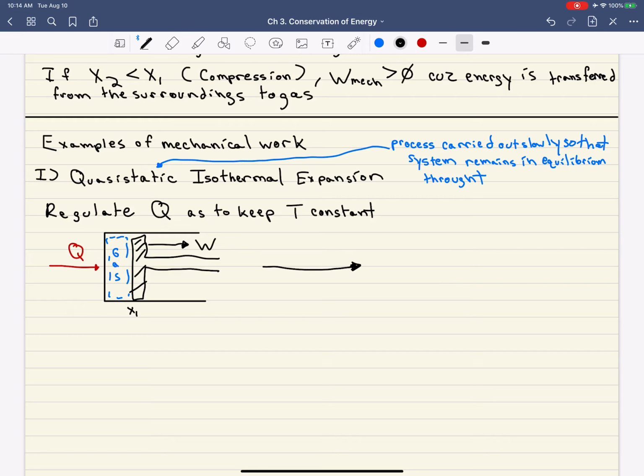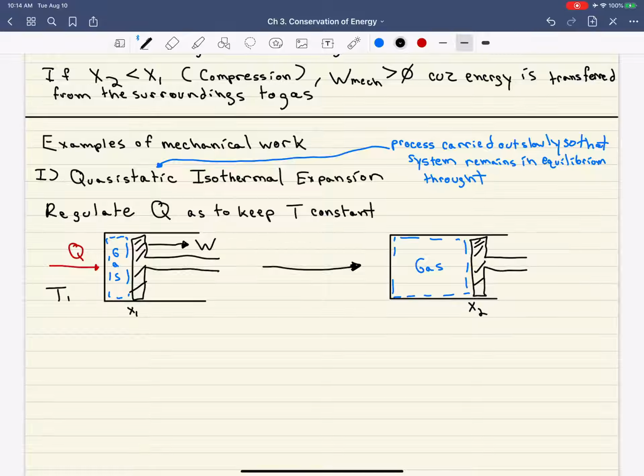And so in the end, our gas has now expanded to a new x value. But if we compare the temperature of the system in state 1 to the temperature of the system in state 2, we would see that temperature 2 is just going to be equal to temperature 1. Okay? And so that's the premise of the situation.